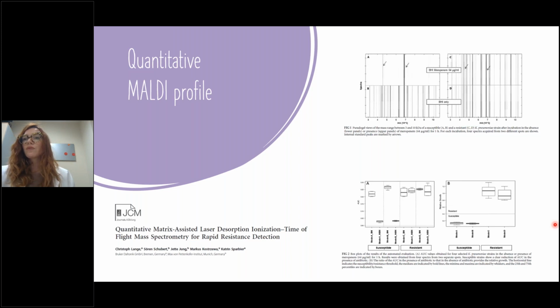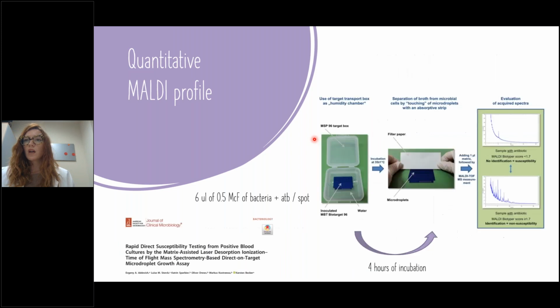What you can observe in Figure 1 is a pseudo-gel view, so you can just imagine you are on top of the spectra. It is clear that when the bacteria is unable to grow, you won't find any peaks. That is the main purpose of the approach.